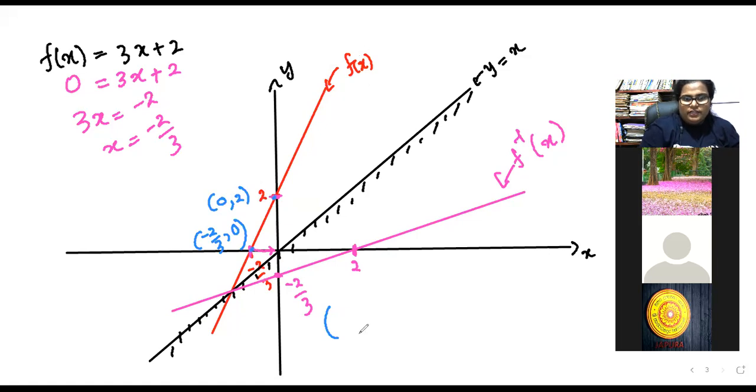So the inverse function එකේ coordinates එන්නේ, මේ අපේ පළවෙනි coordinate එක මේක කියලා සැලකුවොත් inverse function එකේ coordinate එක දෙන්න ඕනේ මේකේ අනිත් පැත්ත නේද, 0, -2/3. Here when we take this second coordinate as 0,2, our inverse function coordinates should be 2,0. That's why we are taking these 2 points as well.